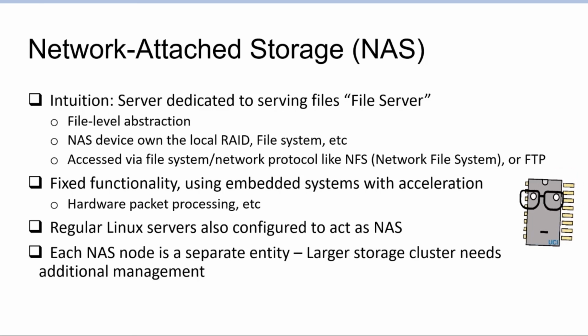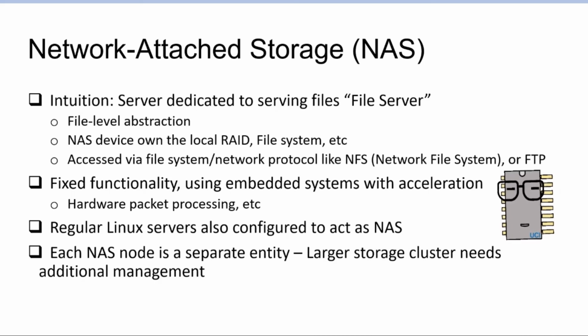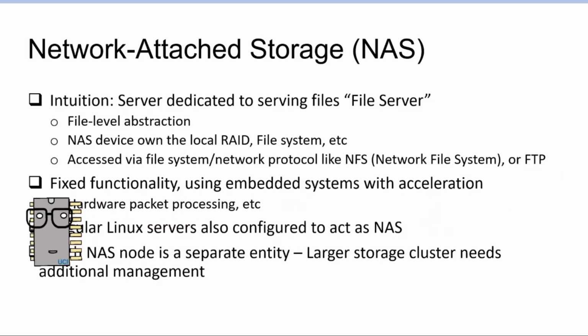NAS is a fixed functionality system. Because all it does is serve files and data to remote clients, it typically uses an embedded system with accelerators optimized for NAS functionality to get high performance, low power consumption, all that good stuff. They can have things like hardware accelerators for packet processing, etc.